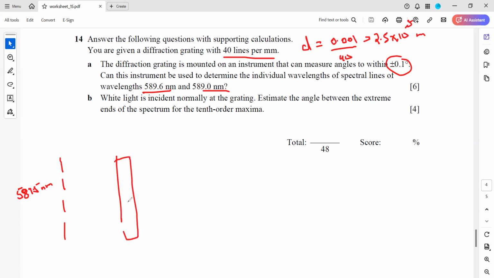We'll observe a zero order maxima, and then we'll observe another maxima where n equals 1, and we'll determine this angle theta for the first order. Then we use another wavelength. I'm drawing it here, but it will be done separately. Then we use another wavelength, for example 589 nanometer, and it will also have a central maxima.